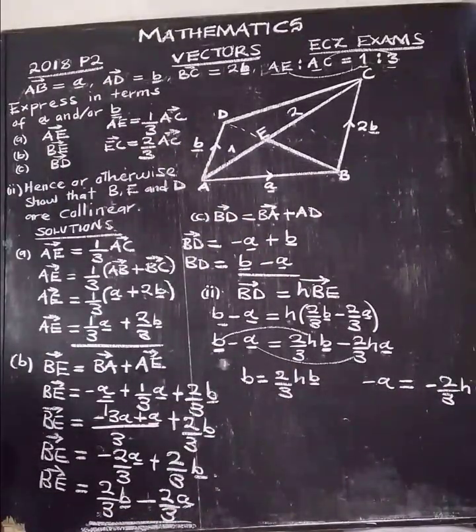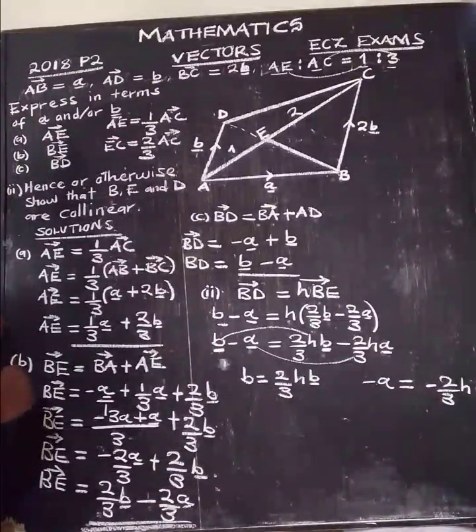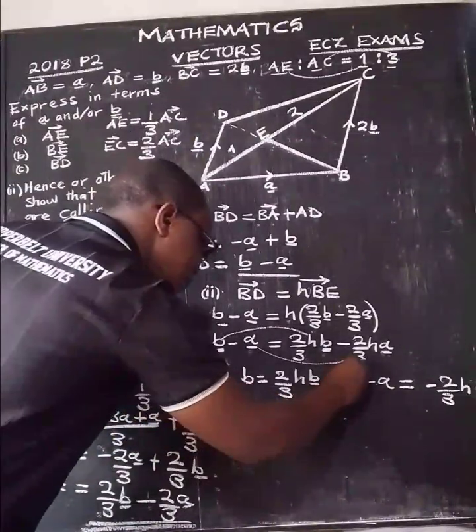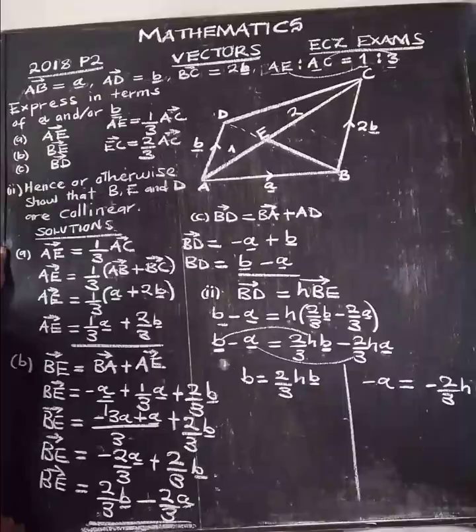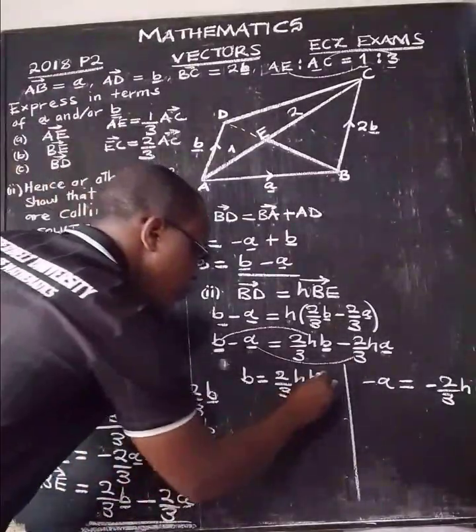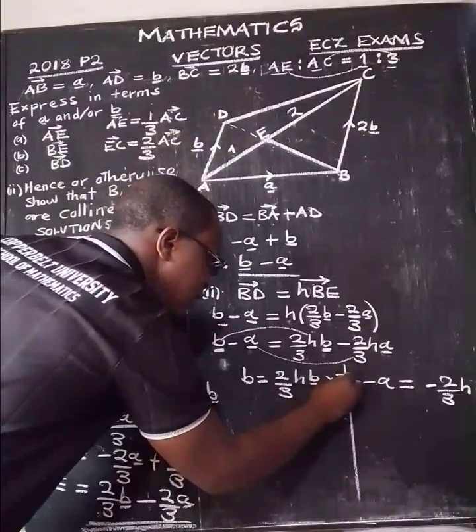Okay, so now at this point what we are going to do is we can get rid of what? These 3. We can eliminate them. Now how do we eliminate these 3? We are going to multiply by 3 this side.